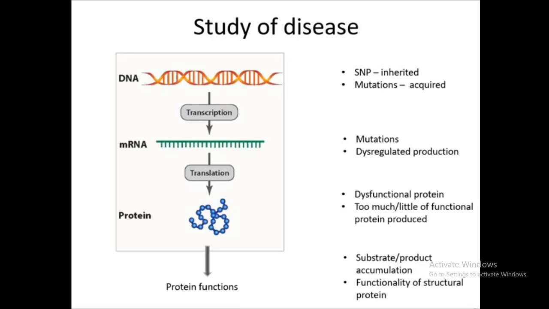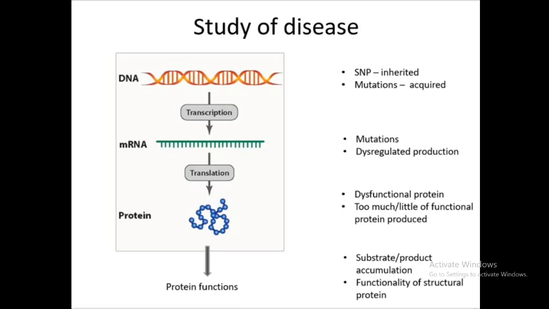So in terms of biomarkers, what we will be interested in is the structure and functionality of the protein. And secondly, we'll be interested in the level of expression of the protein and how this relates to disease.